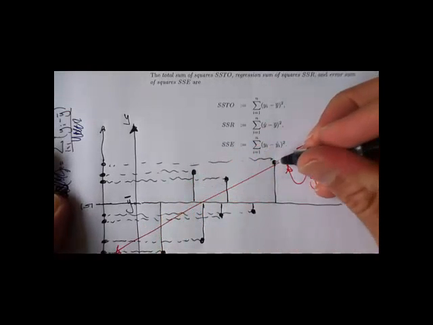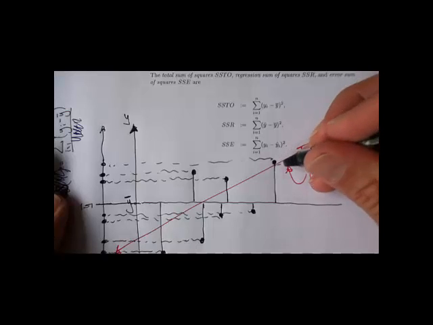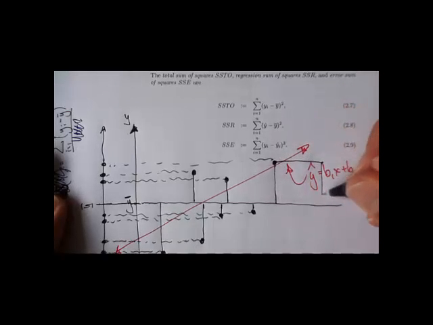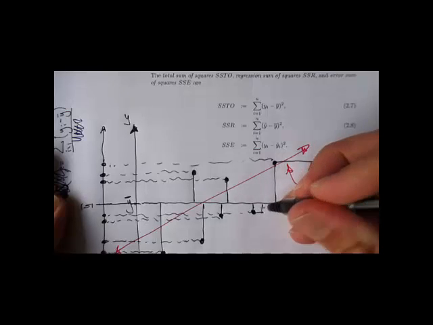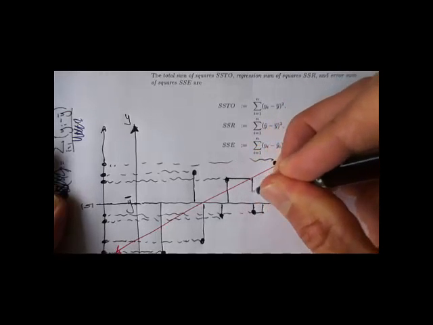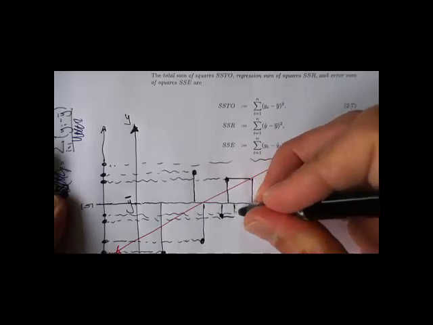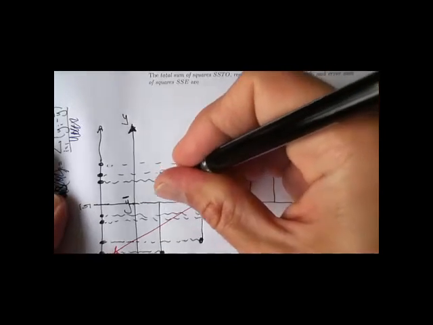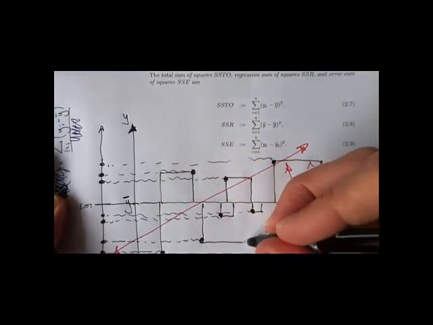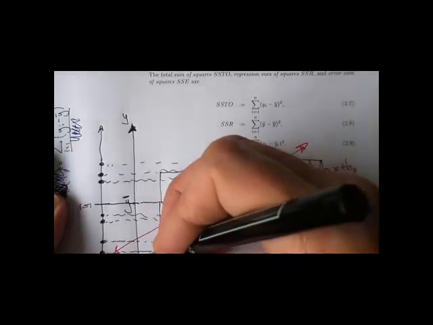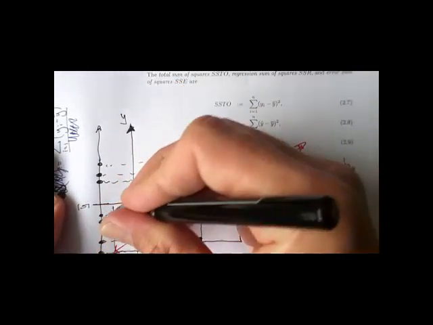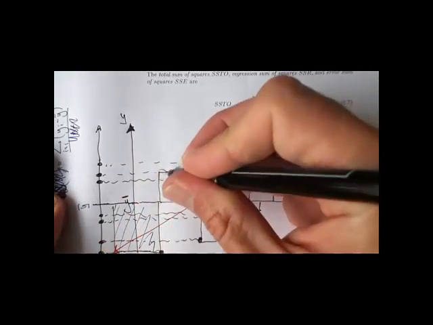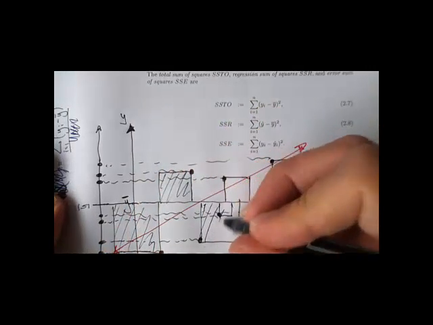If I square them, I get squares, right? And then you add them up. So you add up all the areas in those squares, and that is what SSTO is.